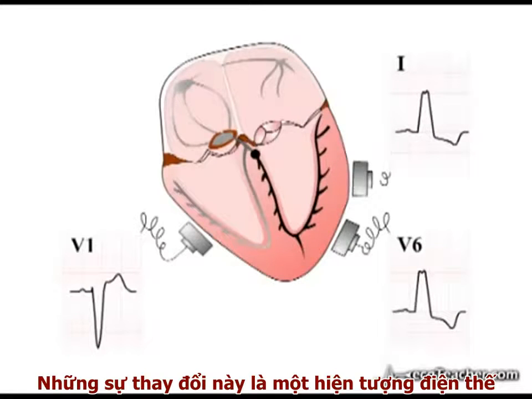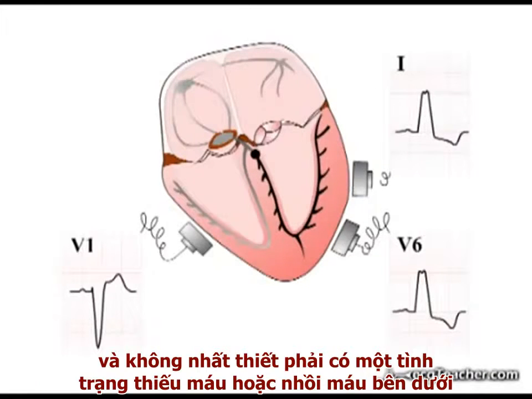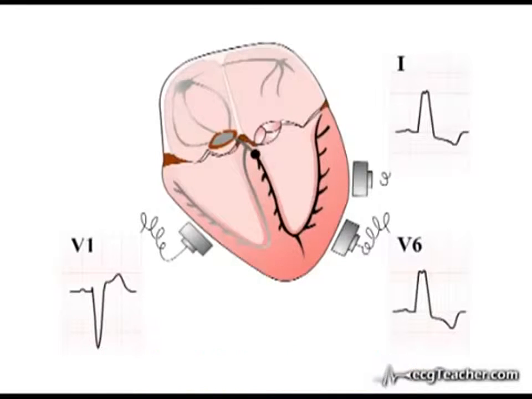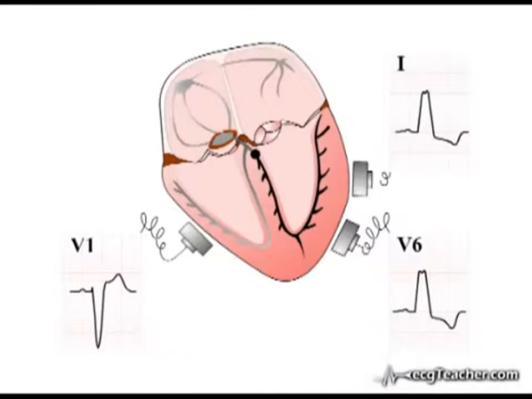These changes are an electrical phenomenon secondary to the highly abnormal pattern of ventricular depolarization and do not indicate underlying acute ischemia or infarction. Block on an ECG is a highly abnormal finding.